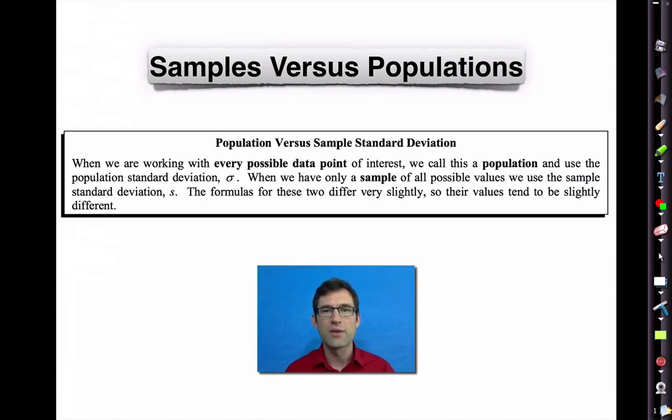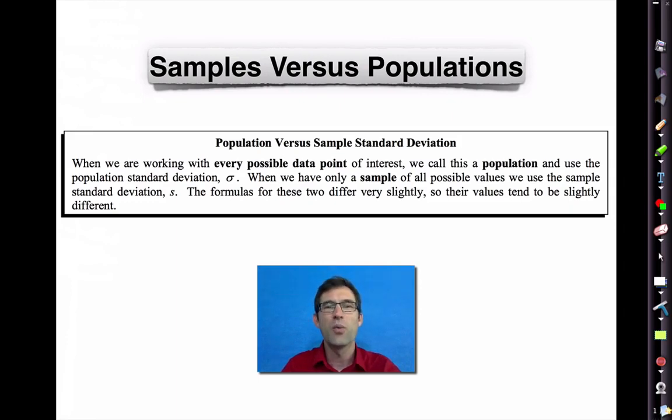And you can see that really well if you just compare them in any situation. But in smaller data sets, it can make a difference. So you should always pay attention to whether you have samples or populations, and if you have to err on the side of caution, go with the sample, because 9 times out of 10, what you're really working with is not a population, but a sample.